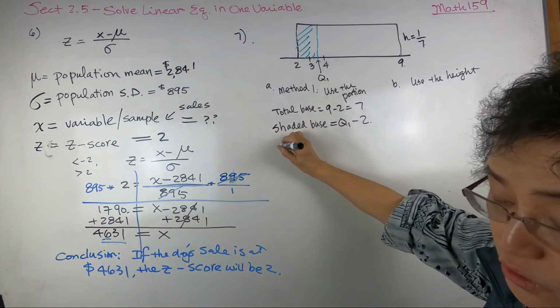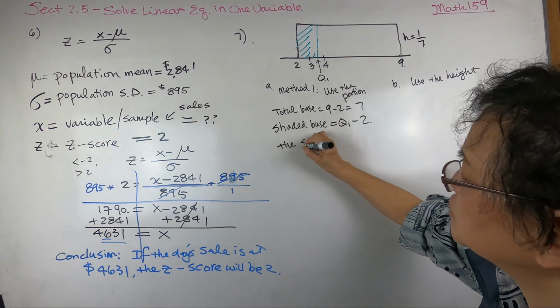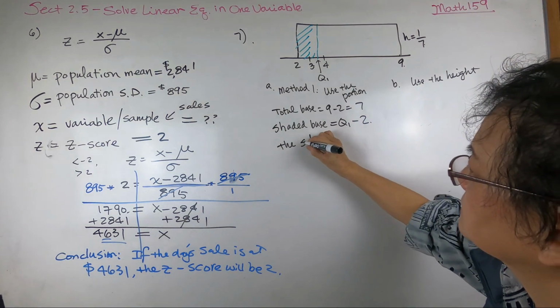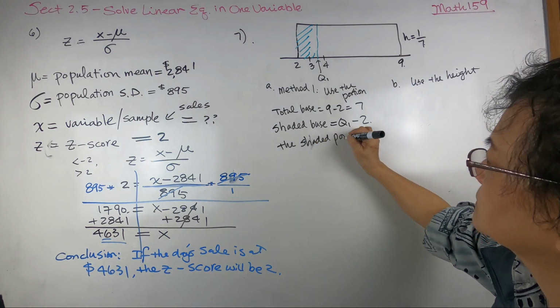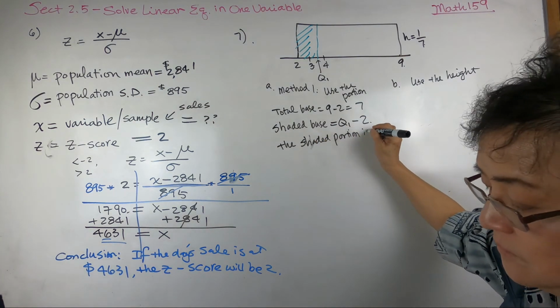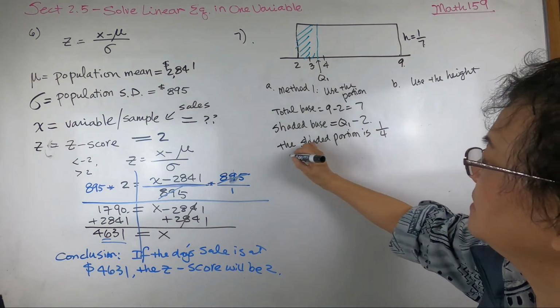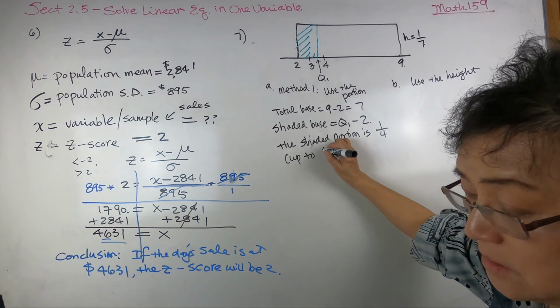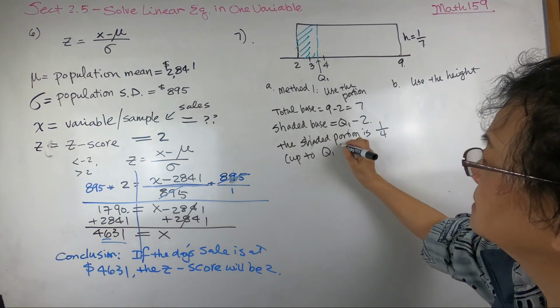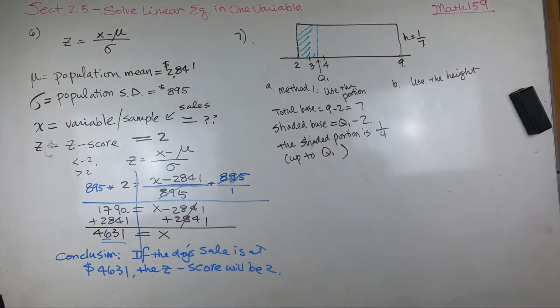The portion, the shaded portion, is a quarter, up to the first quartile, Q1. So how do we do it?